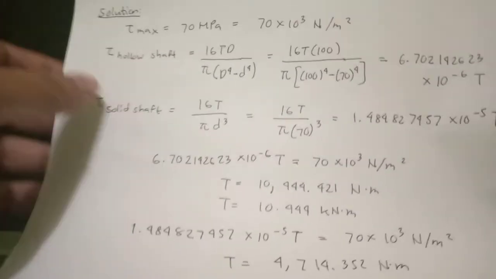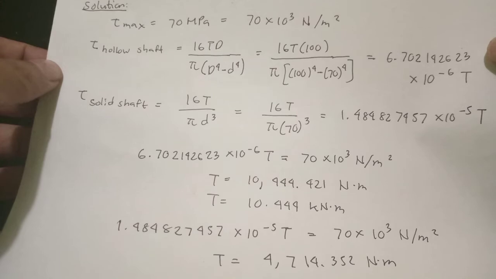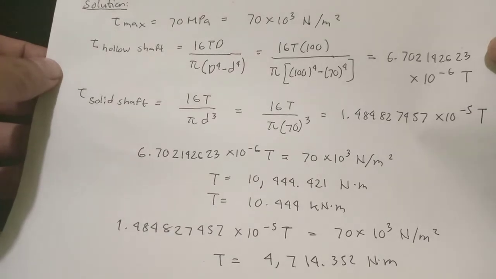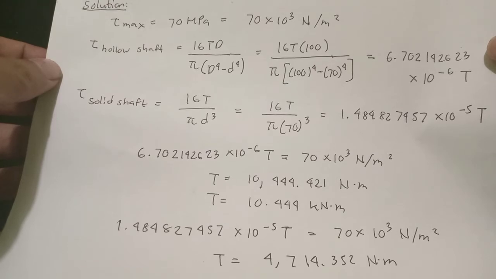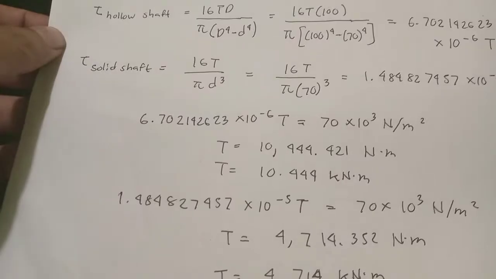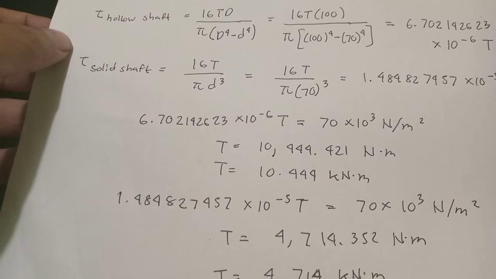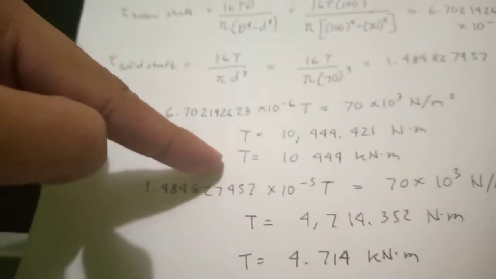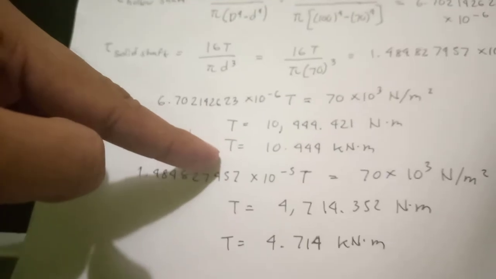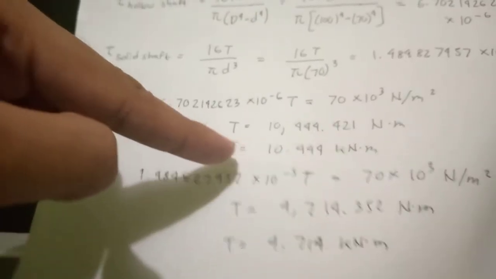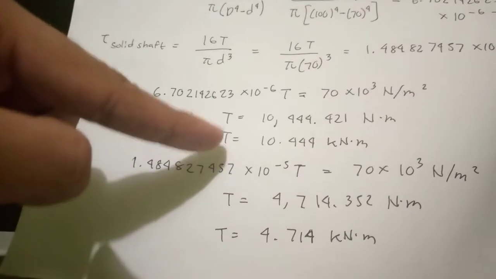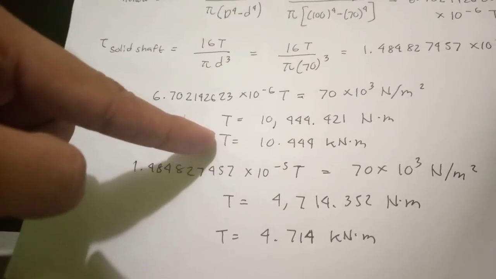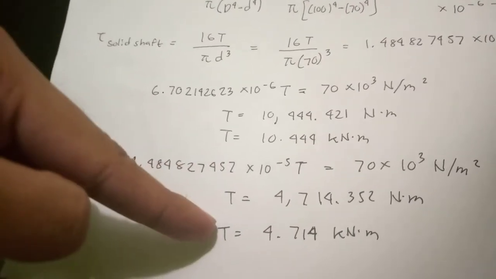So we have already equated the maximum shear stress with the different portions, the hollow shaft and the solid shaft. These are the computed maximum allowable torsion for the hollow shaft and the solid shaft.